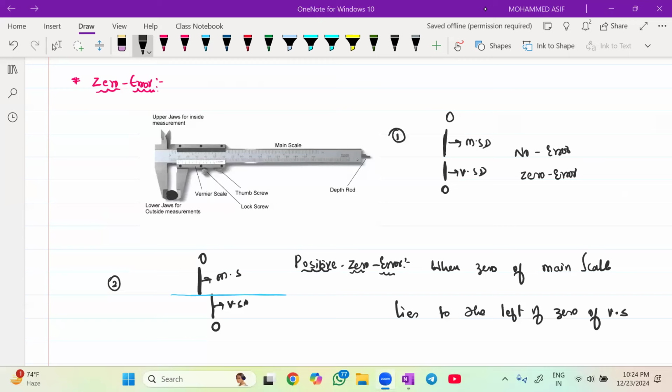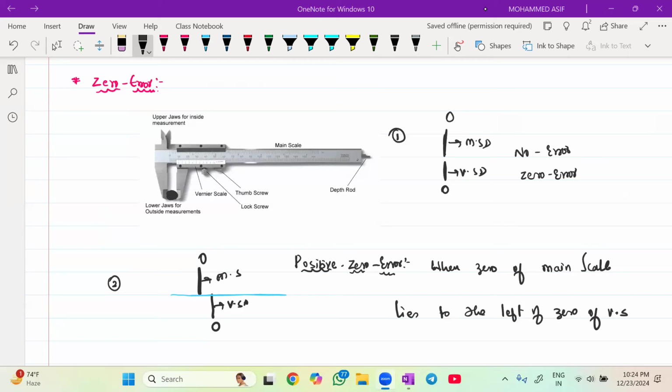Now understand what you mean by positive error. When 0 of the main scale lies to the left of the 0 of the Vernier scale. Now I need to write the 0 error for this one. So what is the 0 error? Zero error is nothing but reading of Vernier caliper.